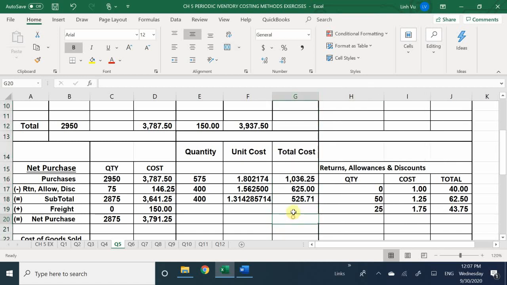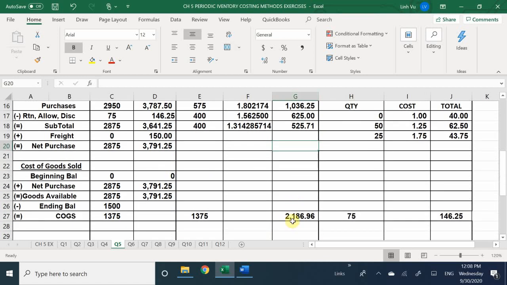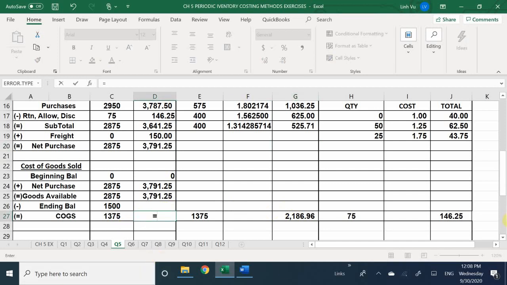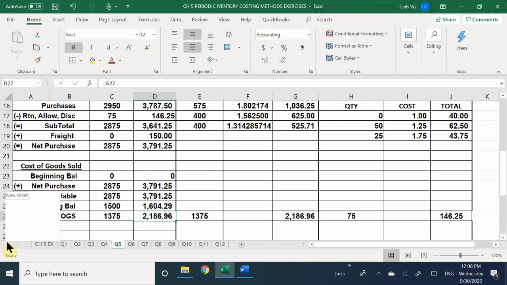It has to be a rounded number. So in this case, my total that I sold is going to be $2,186.96, which I'm going to solve for my ending inventory, which should be valued at $1,604.29.